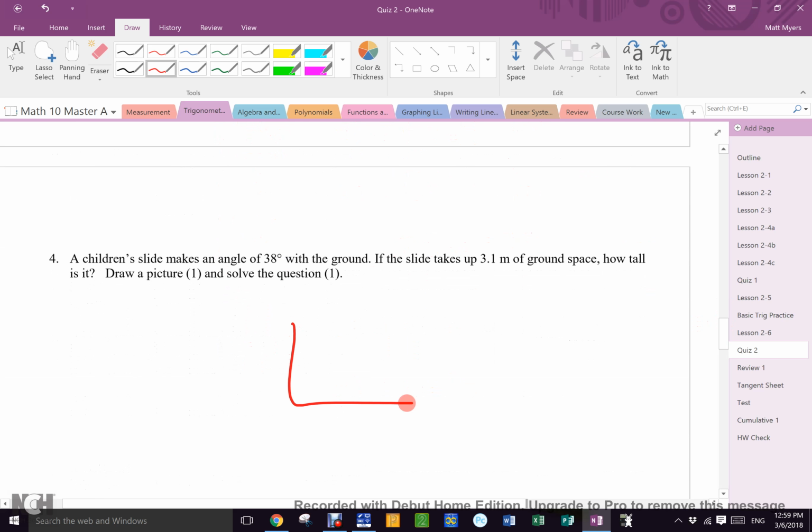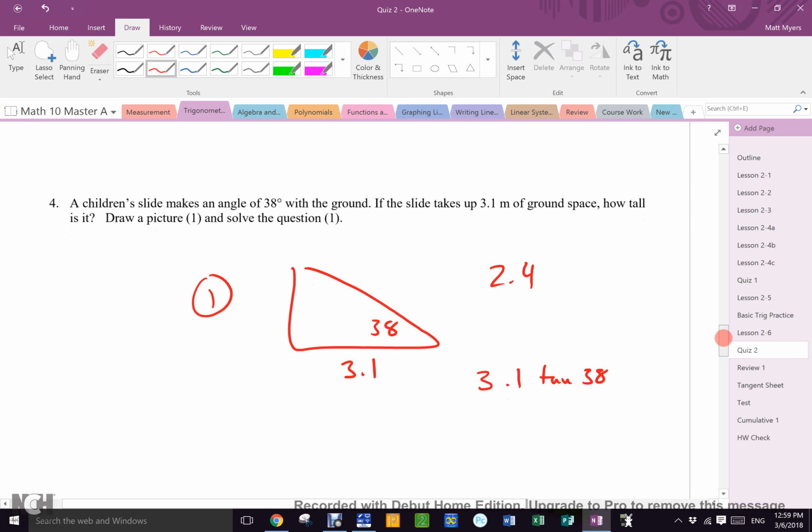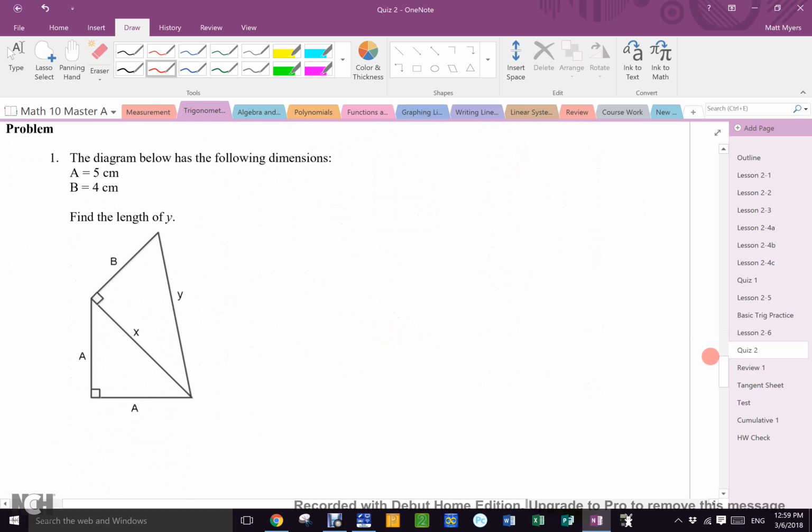The slide makes the angle of 38 with the ground. Slide takes up 3.1 of ground space. That's the drawing you needed for 1. Solving the question, I believe it was 2.7. 2.4, great. Which was 3.1 times tan 38. A was 5, so x equaled the square root of 5 squared plus 5 squared, which is the square root of 50, which is 7.1.